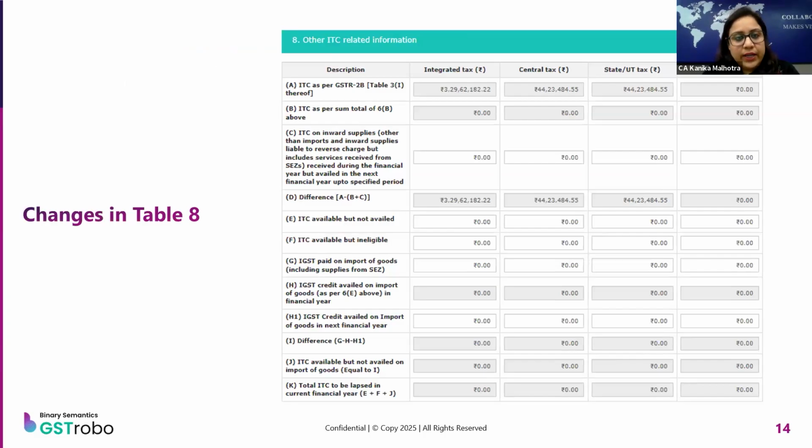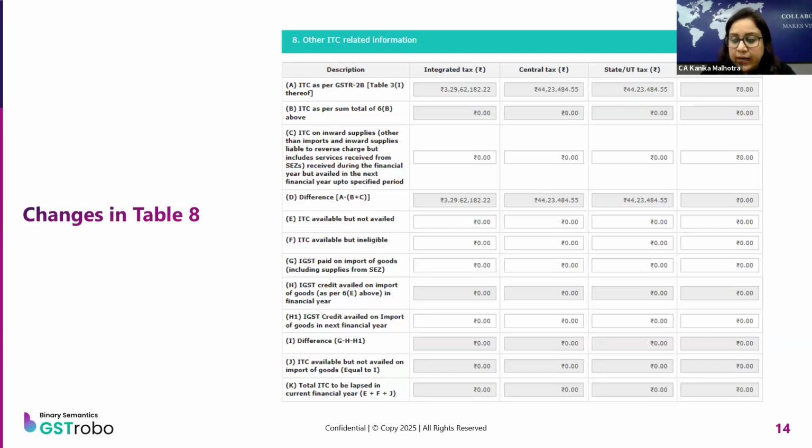Now here is a catch in table 8A. Here there's a change in 8B which has an implication over that also. This 2B will not only include the ITC appearing in 2B for this financial year, but will also include the inward supplies that belong to financial year 24-25 and that you have claimed in the subsequent financial year, that is 25-26, up to 30th November.